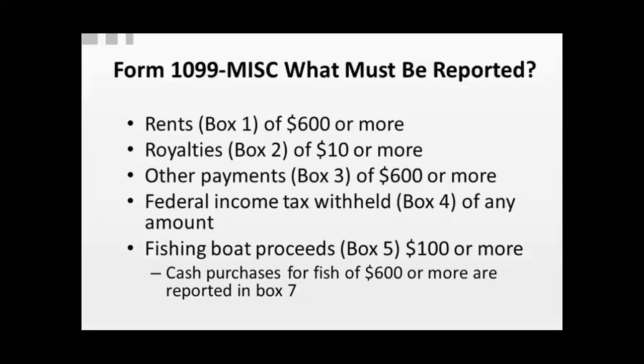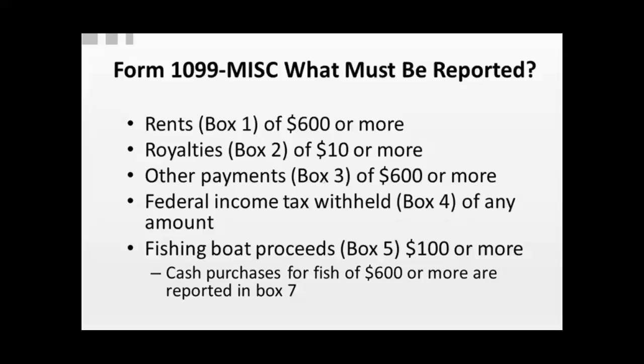Fishing boat proceeds in box 5 of $100 or more. This is for cash purchase of fish of $600. Well, the fishing boat proceeds of $100 or more is the crew sharing type thing. That goes in box 5. That's where the crew either gets a monetary share of the catch or the sale of the catch, or might even get an in-kind share of the catch.